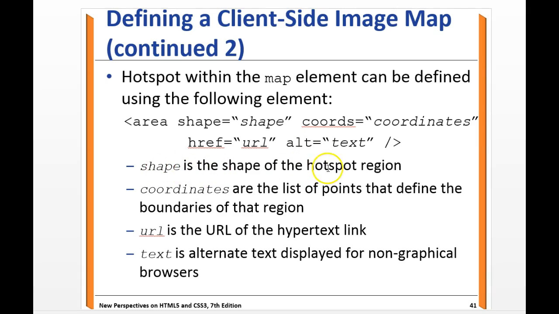So the shape is the shape of the hotspot, coordinates are the boundaries of the region, URL is the URL of the hypertext link, and text is an alternate text for non-graphical browsers, so it explains what that is.